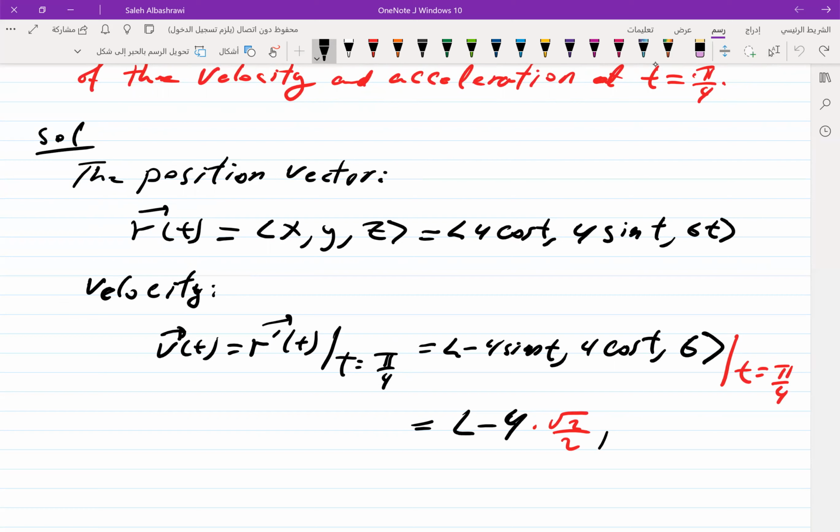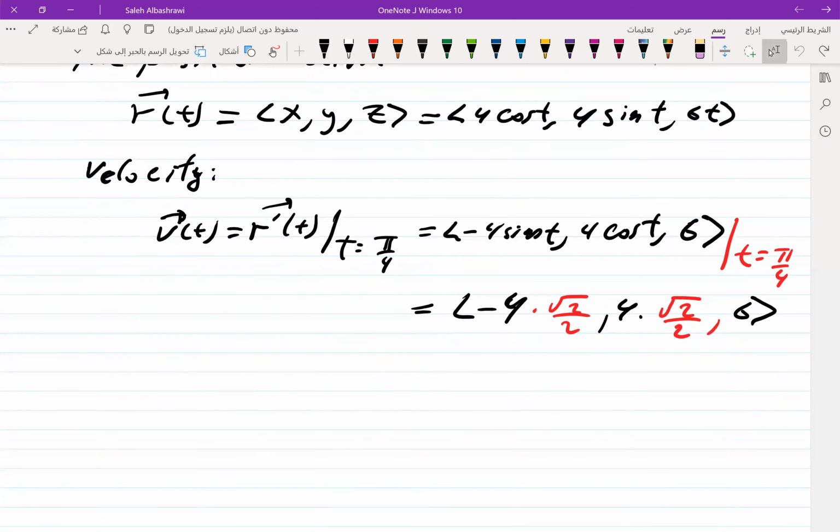Cosine pi over 4 gives 4 multiplied by root of 2 over 2, and the last one is constant for z, which is equal to 6. So this is the velocity at the given time, t equal to pi over 4. And the magnitude for velocity now is equal to, at pi over 4.